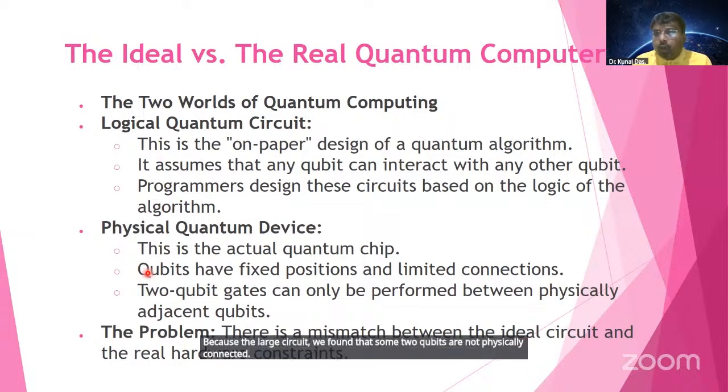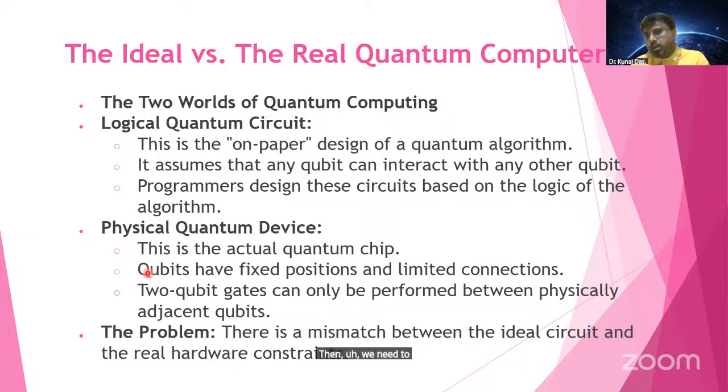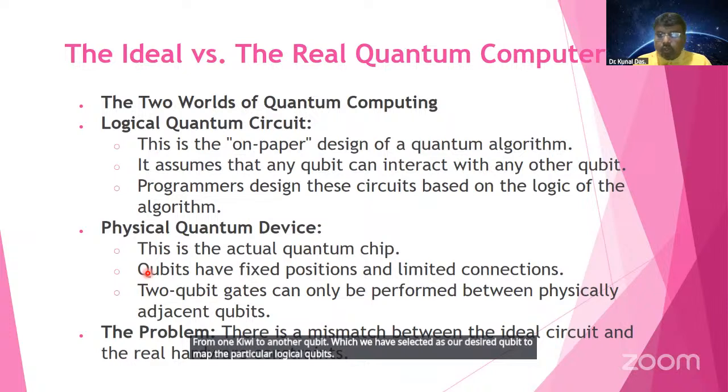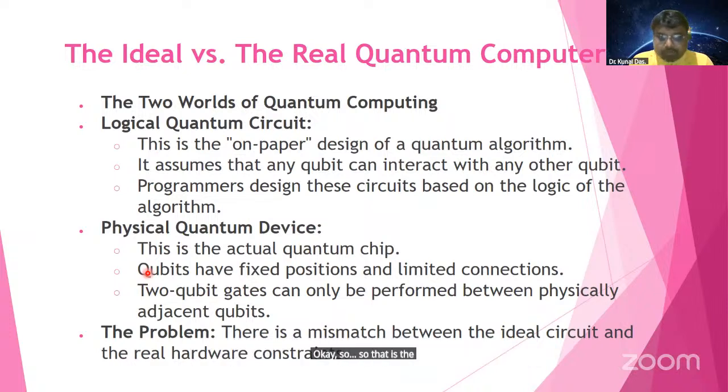Then we need to swap the information from one qubit to another qubit, which we have selected as our desired qubit to map the particular logical qubits. So that is the adjustment we have made, connecting physical qubits with a logical one.